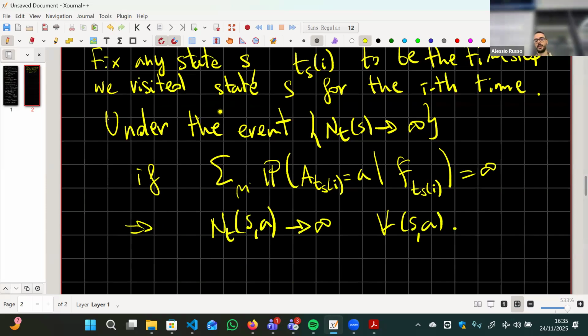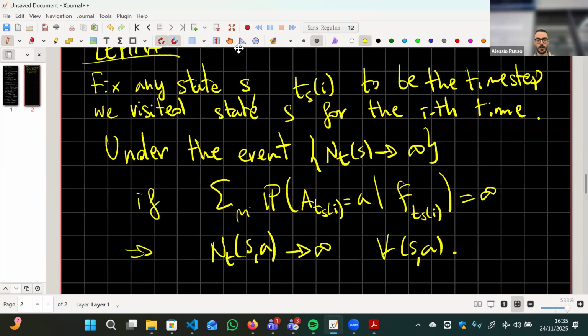for any state action pair, we are going to visit those pairs infinitely often. So the idea is that if for any state S you can guarantee that any action will be sampled infinitely often, whatever the state, then you can also show that every state action pair will be visited infinitely often.